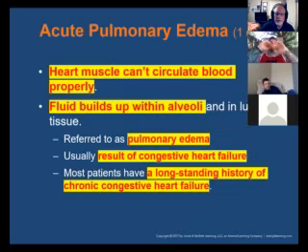You have a condition, let's say right heart failure, so that the right side of the heart isn't pumping properly. So what does the right side of the heart do?